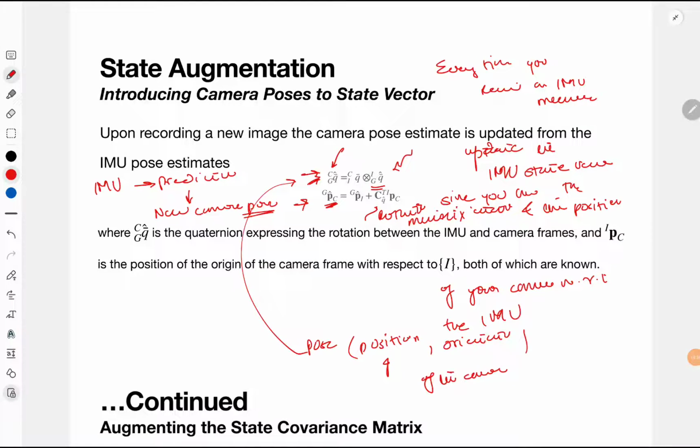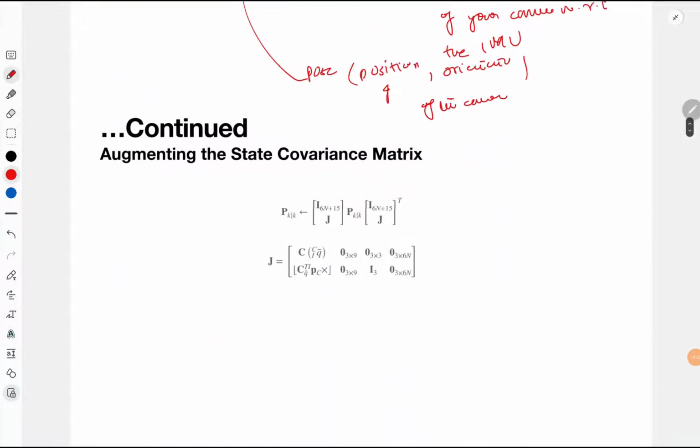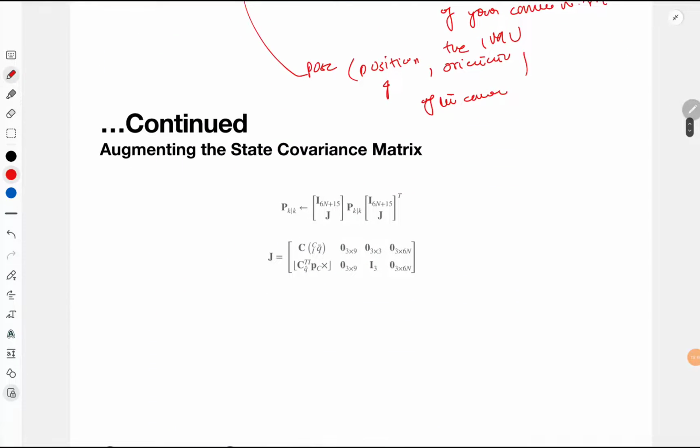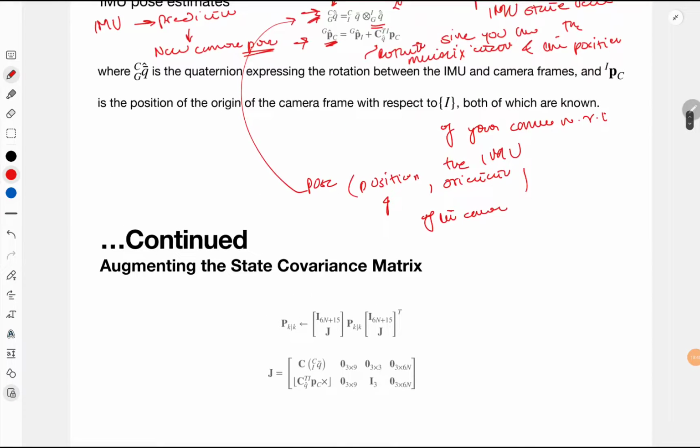So once you do get the new camera pose, you would also need to augment the covariance matrices, because these camera poses would be augmented to your state vector.